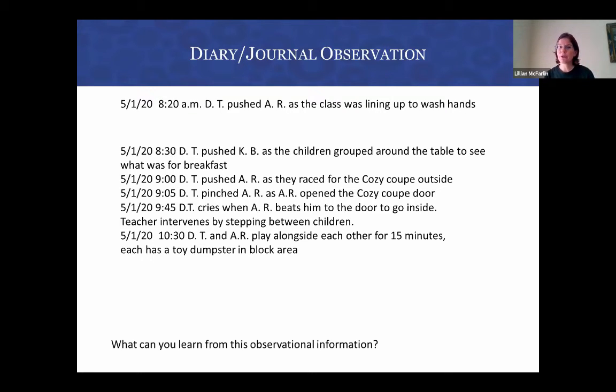If you observe over time and see that AR is getting the majority of incidents, then try to be very specific in how you intervene to help support AR so that they're not taking all of this from one particular child. Okay.